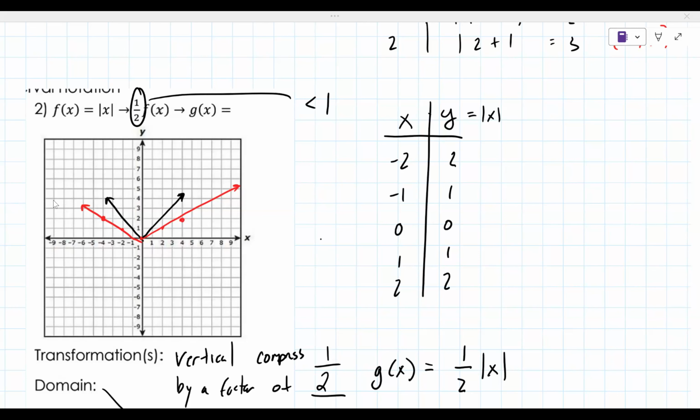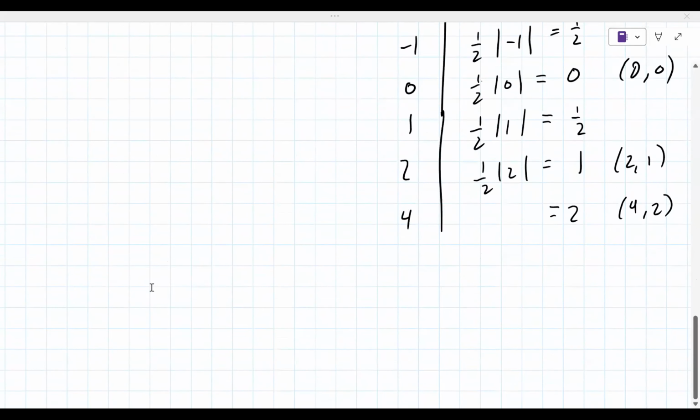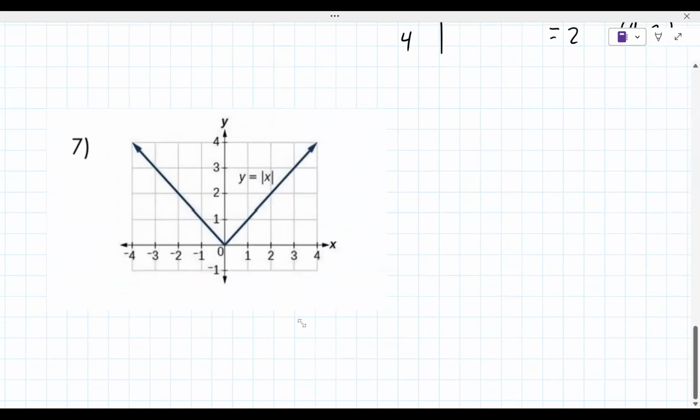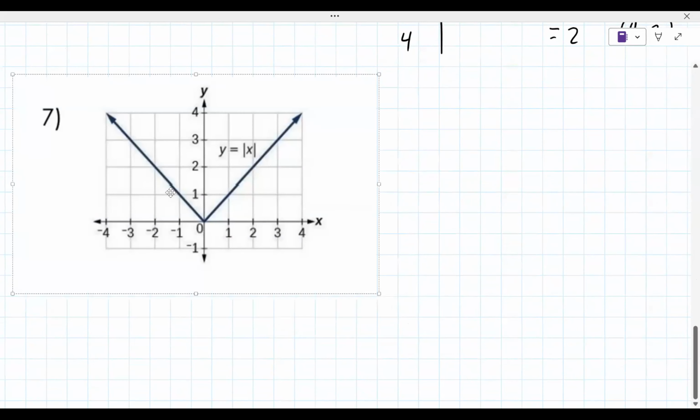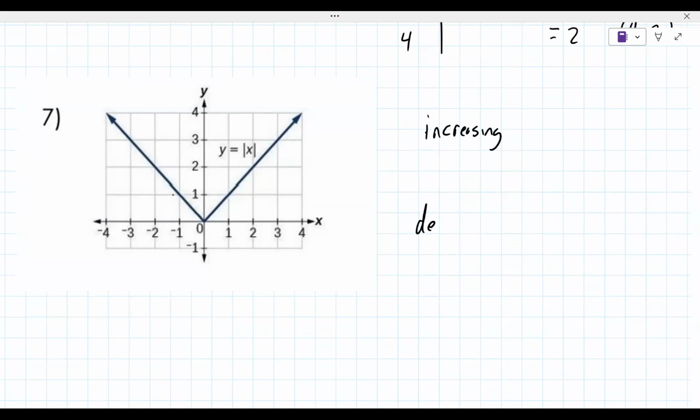All right. So, let's see here. Number 7 here. It asks, where is the function increasing? And then where is it decreasing? Okay, and it's increasing if it's going up and to the right.